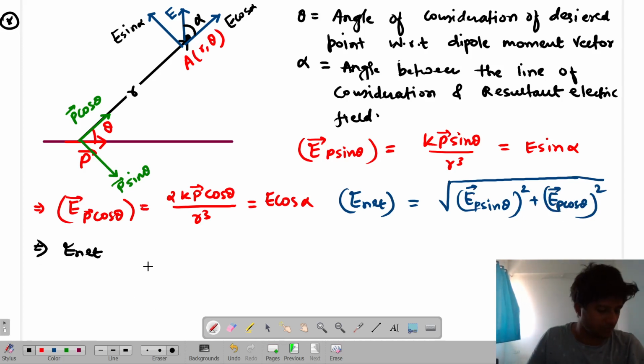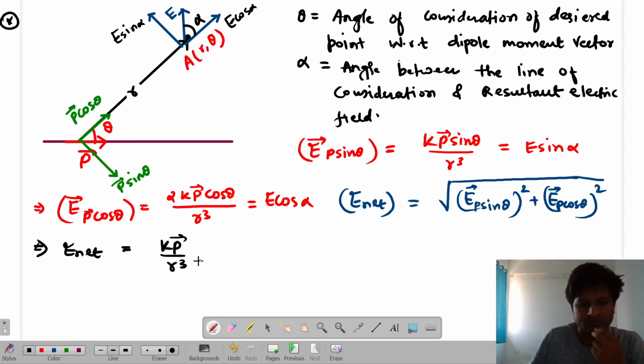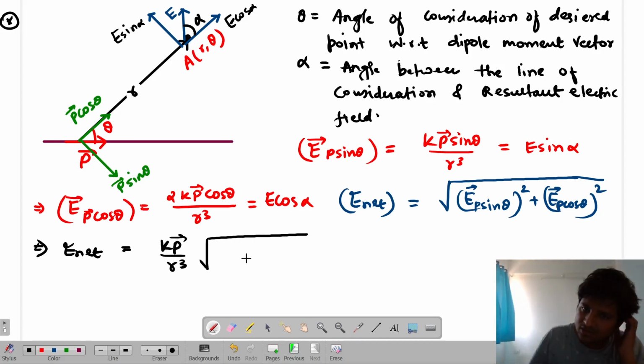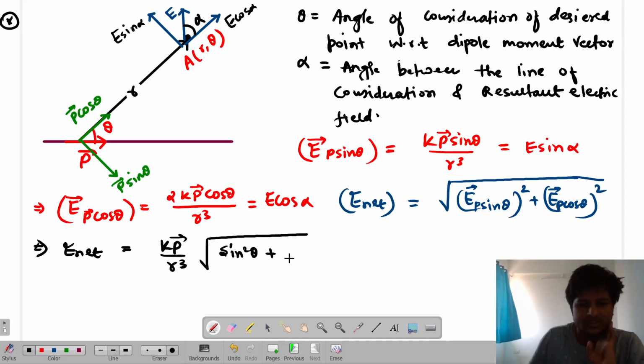If we take the square, what am I going to get? Kp will come outside, isn't it? So what I'll get? Kp by r cube, and then root over, in one it is sin square theta, plus this is 2 square, so 4 cos square theta, isn't it?